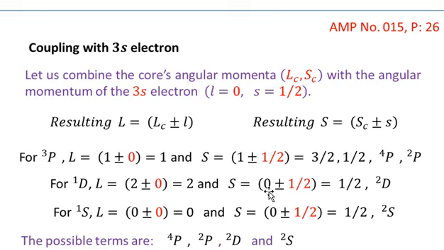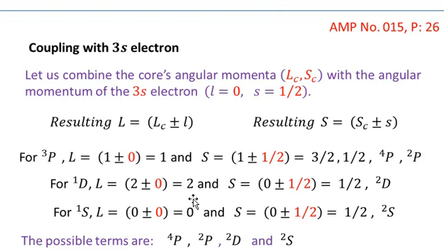So I have used 0 over here. And these two values which are indicated in red are obtained from the 3s electron, which is L is equal to 0 and S is equal to half. So using L is equal to 0 and S is equal to half along with these two, I have obtained capital L by combining 1D with the 3s electron.